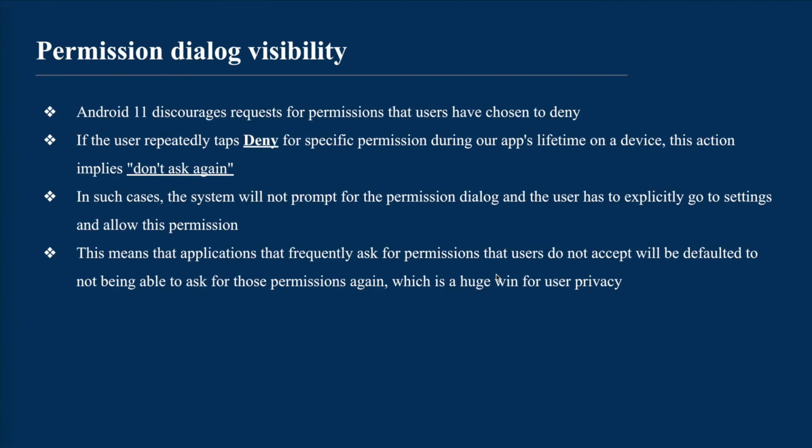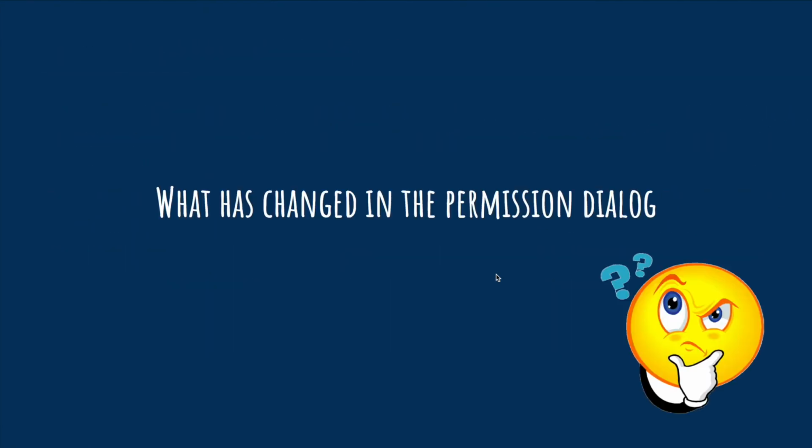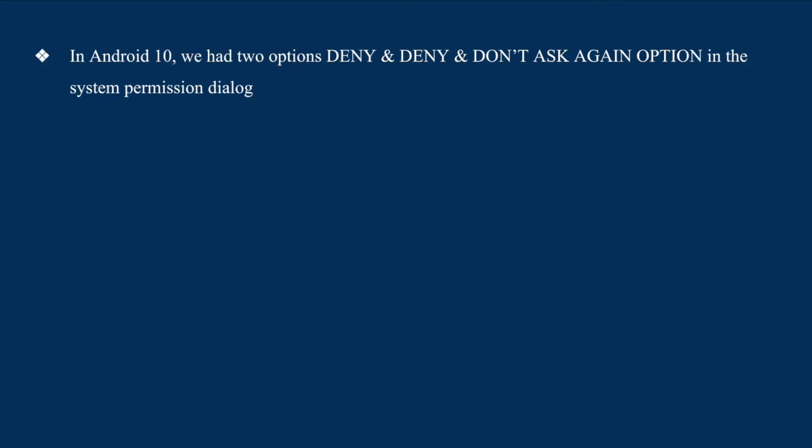Now let's go ahead and understand what has changed in the permission dialog itself in Android 11. In Android 10, we had two options, deny, and the other one was the deny and don't ask again option in the system permission dialog. In Android 11, we will have only one option, that is deny.